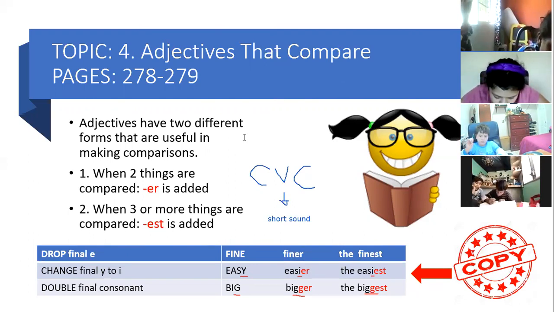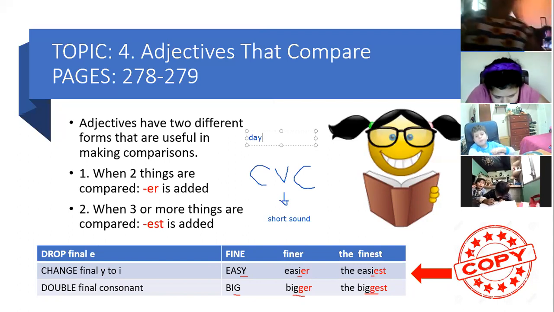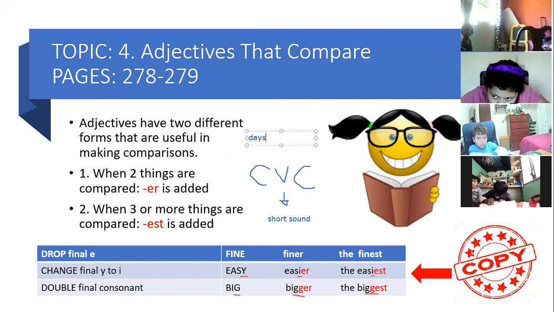What happens if the word has a vowel before the Y, like this word, they? They has a vowel before Y. I do not change the Y. I only add the suffix, days, okay? That's what I have to do. Like, try.